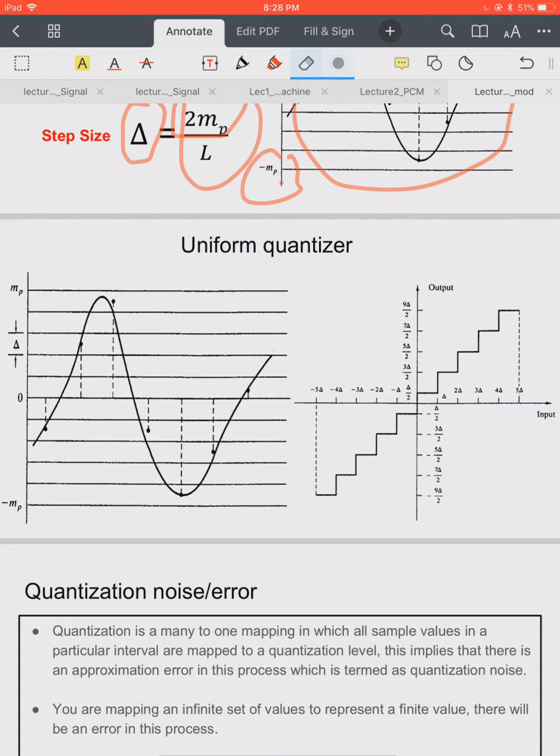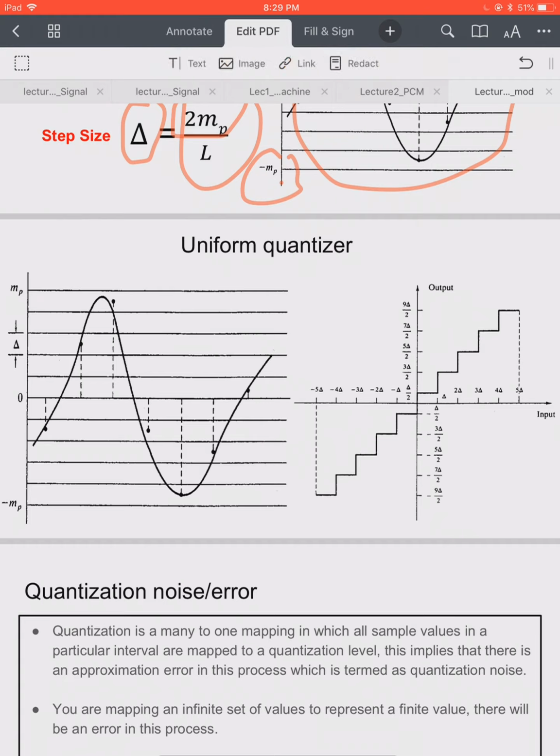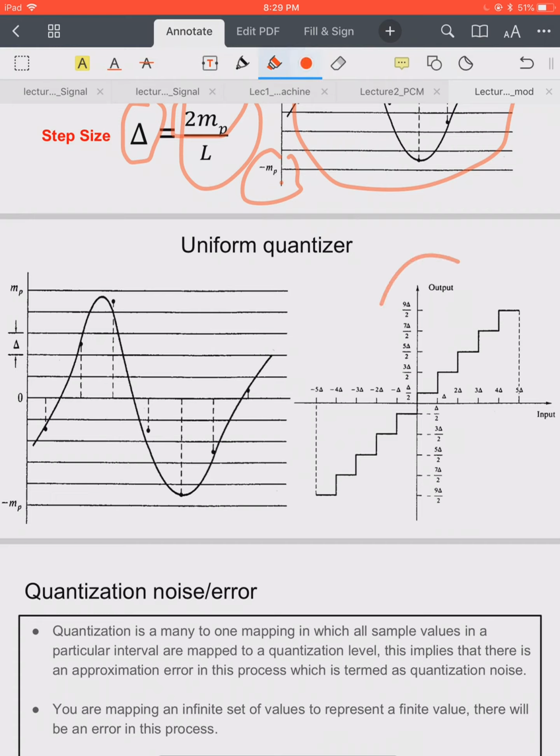I told you this is a uniform quantizer with an even number of levels, 10 levels are there, right? So this is also called a mid-rise quantizer, because at the midpoint the quantizing characteristic is rising. It is not flat.